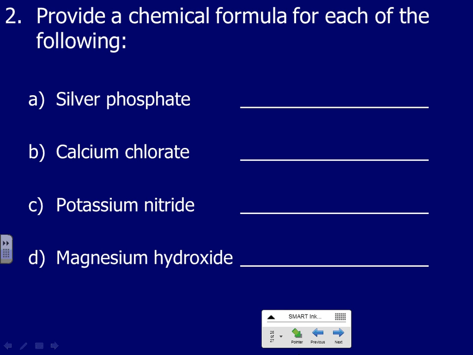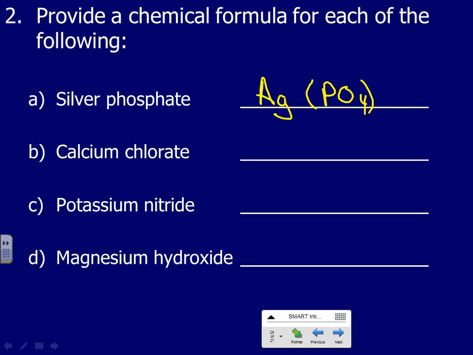A little bit of a tricky one here, maybe not so bad. Somebody have a formula for that first one? Yeah, Mackenzie, what do you got? I'm not sure if this is right, but Ag2, bracket PO4 bracket. You want to put the 2 here because it came across from here?